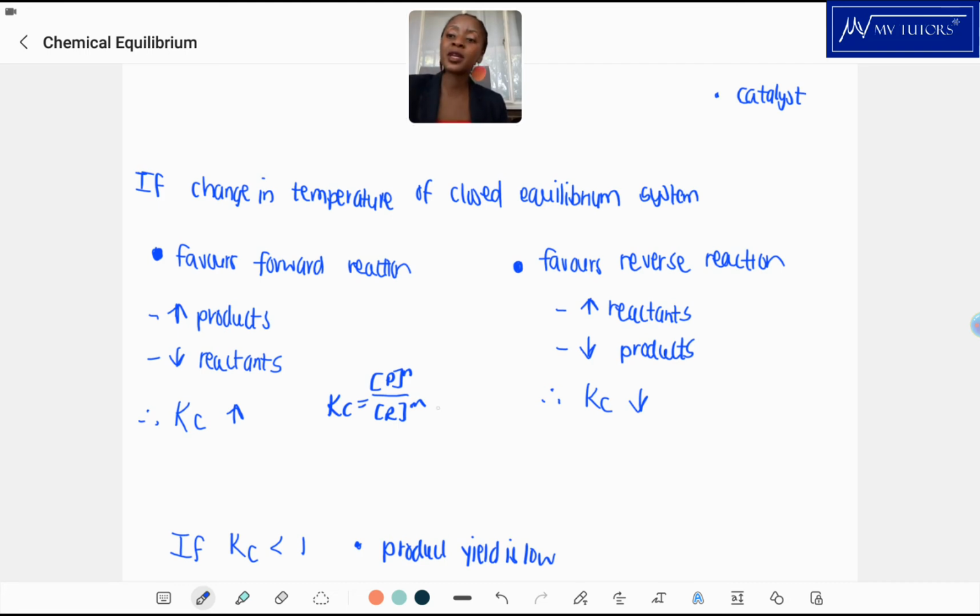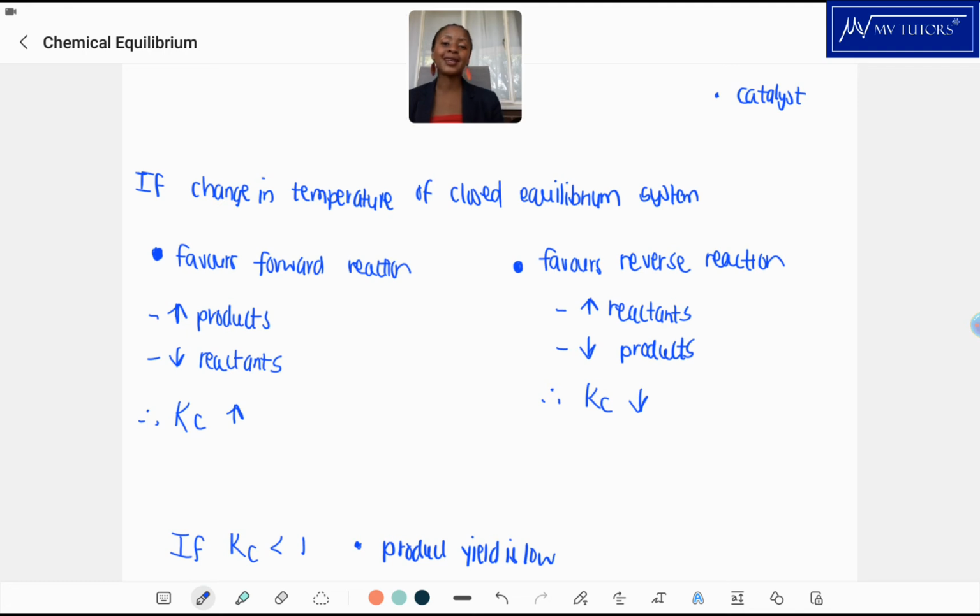If you increase your denominator, the value of your Kc will definitely decrease, because the higher the value in the denominator, the lower the Kc value becomes. So that is why you have a lower Kc. Please just remember that, especially when you answer questions where they ask what effect a certain change in temperature will have on your equilibrium constant.